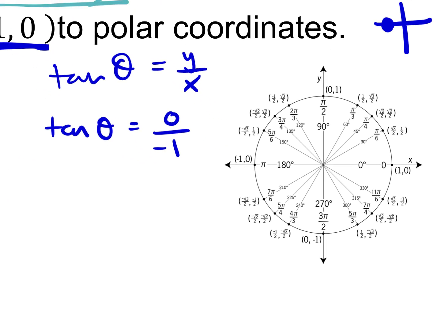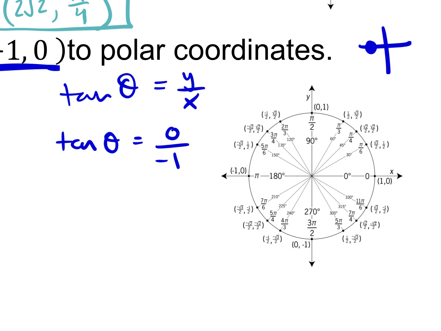Looking at our unit circle, I know that I'm going to stick to my x-axis here, so that really gives the answer away. Anywhere that we look to see where y is 0 and x is -1 would be at this point, so at pi. So what does theta equal? Pi. Perfect.